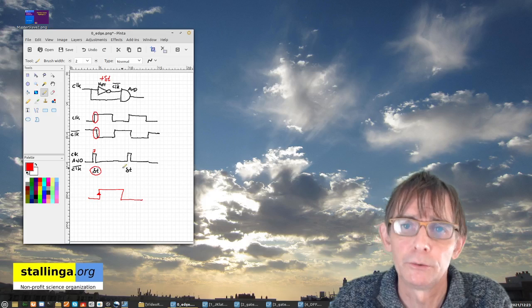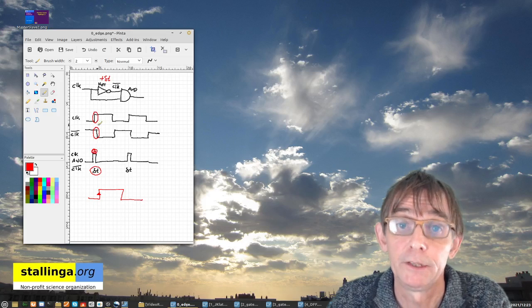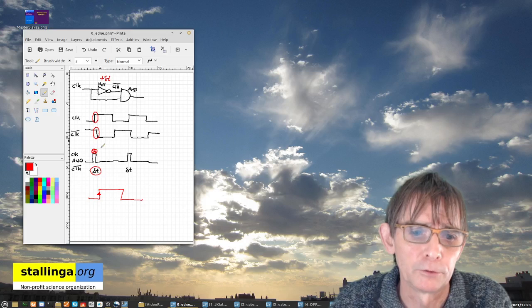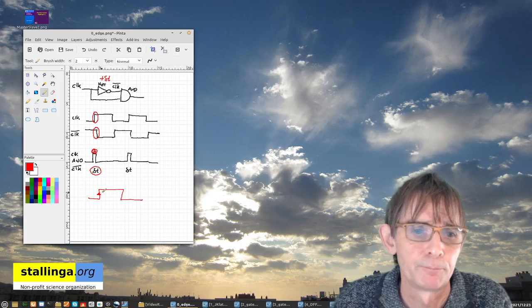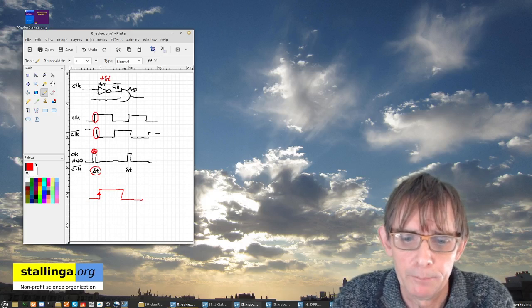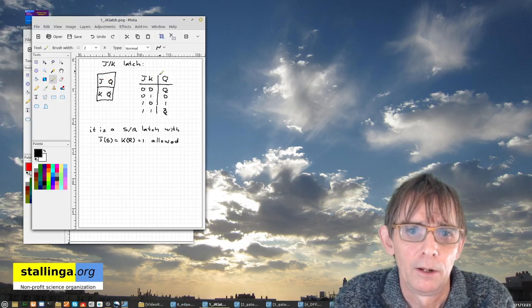That is technically not correct, because it's just responding to this 1 that we have here, but that is in the beginning of the real clock pulse. So we can say yes, it is responding to the rising edge. Let's keep this in mind.